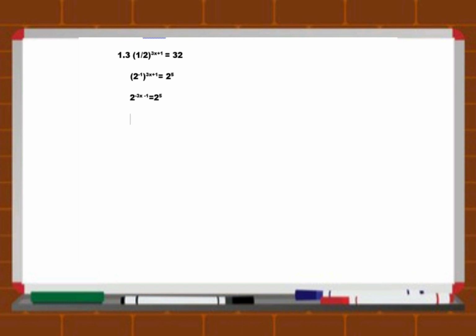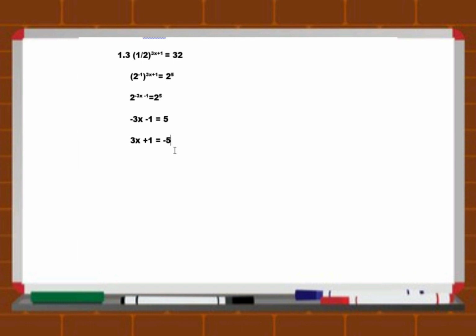So you're going to say -3x minus 1 equals to 5. To make things easy, you're going to divide every single term by -1, and that will leave you with 3x plus 1 equals -5.